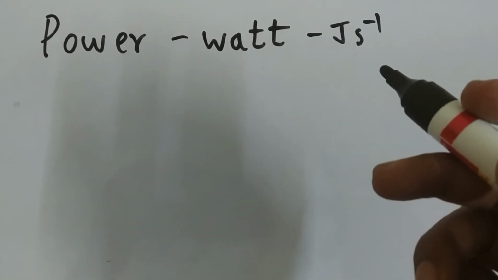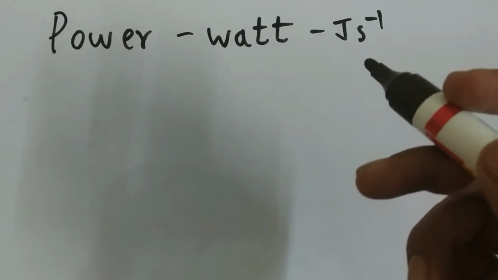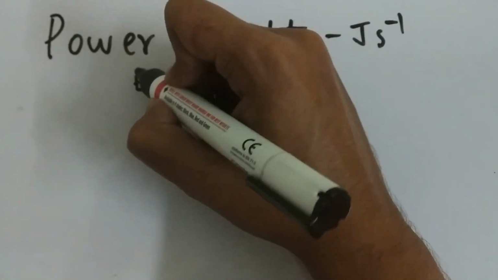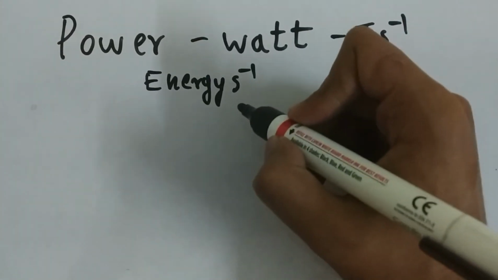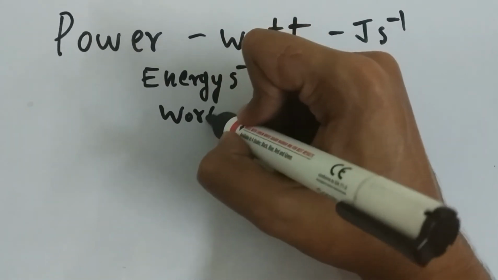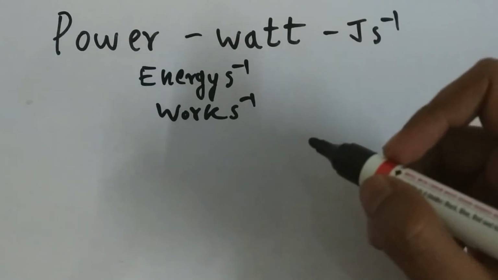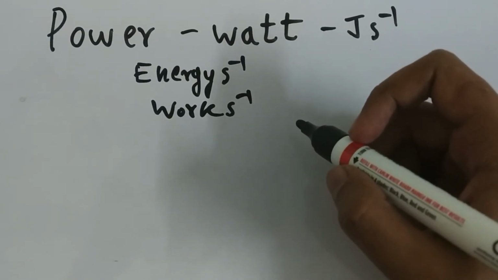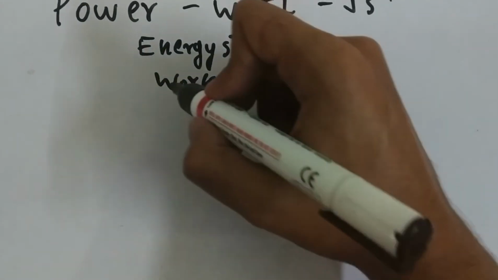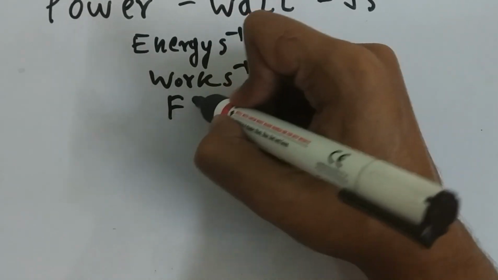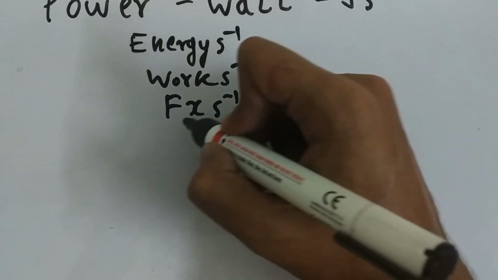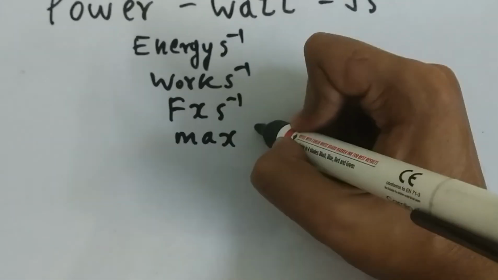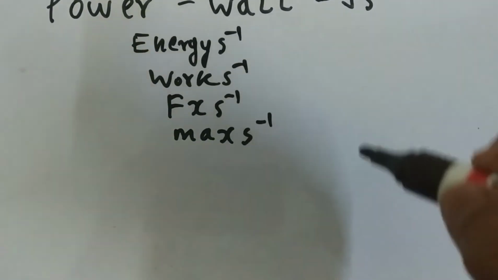You may have heard joule is a unit of energy. So this is nothing but energy per second. That is nothing but work per second. So this is nothing but Fx per second. That is nothing but max per second.